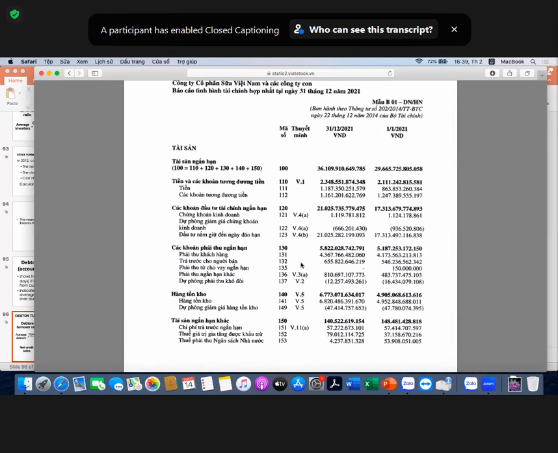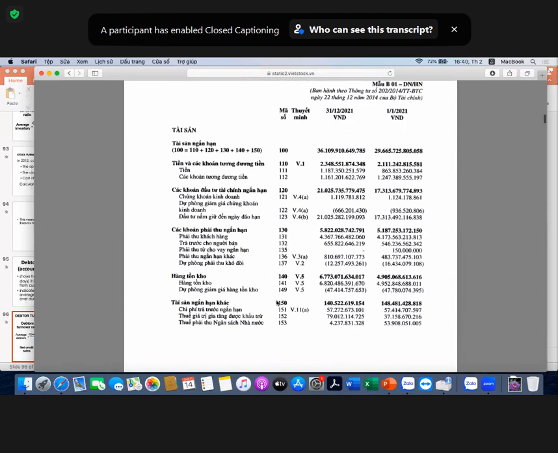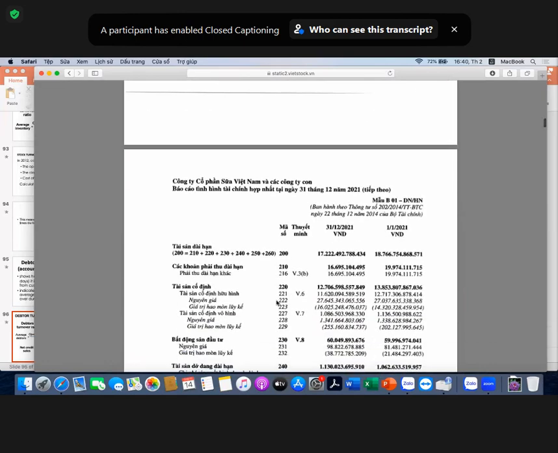The code number here is 131. So we take the average of the figure from code number 131. So what is the data for the turnover ratio?